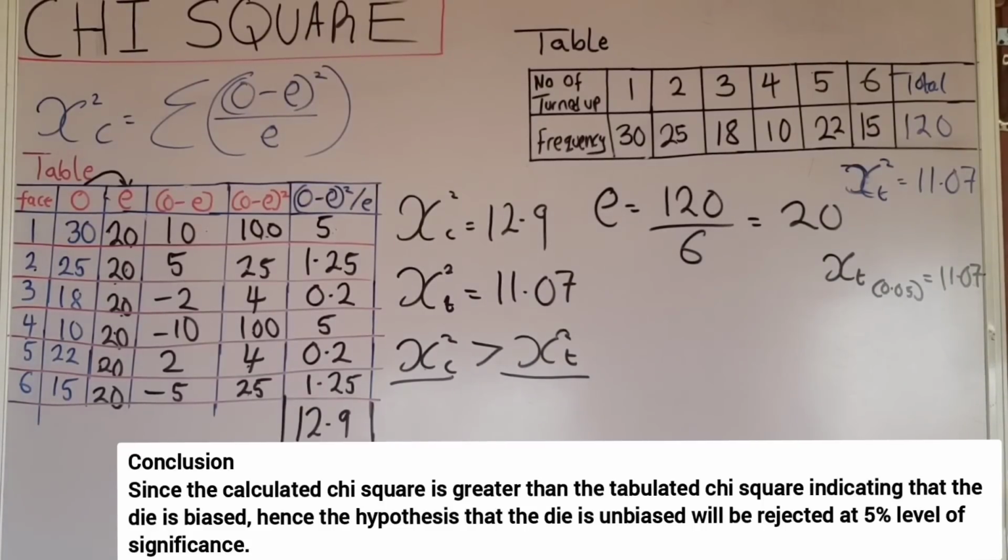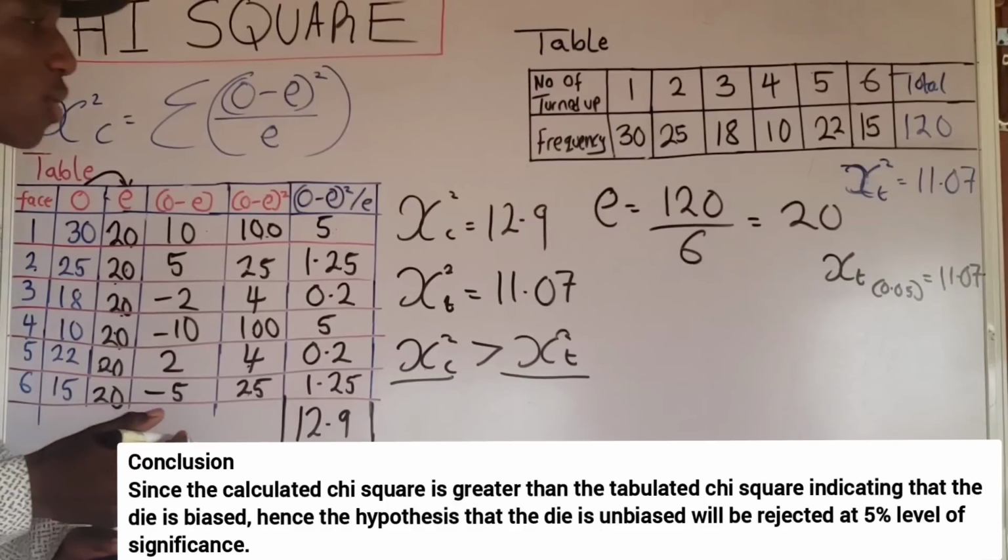If the die is unbiased, we are going to accept the hypothesis. Now, the die is biased, so we are going to reject the null hypothesis and accept the alternative hypothesis. And how do we know that the die is biased?